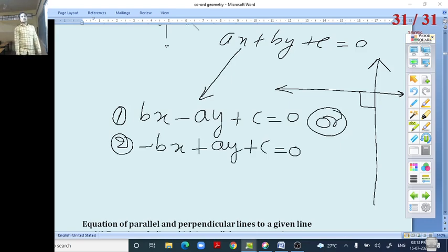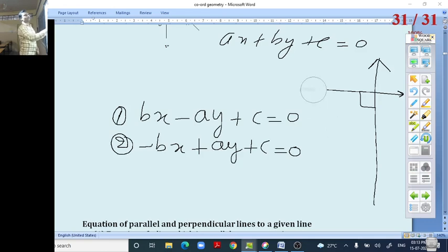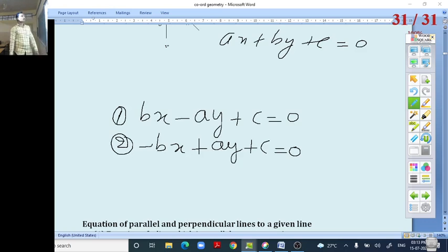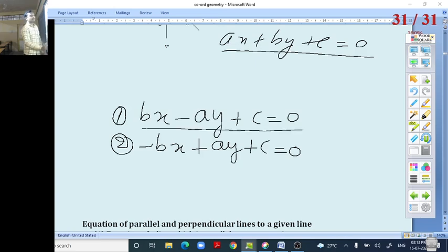Now you observe the difference between how I write these two and why I write these two. If you observe the equations and think, you will get exactly what I am thinking. You look at both the lines, ax plus by plus c equals 0 and bx minus ay plus c equals 0, or you can take minus bx plus ay plus c equals 0.